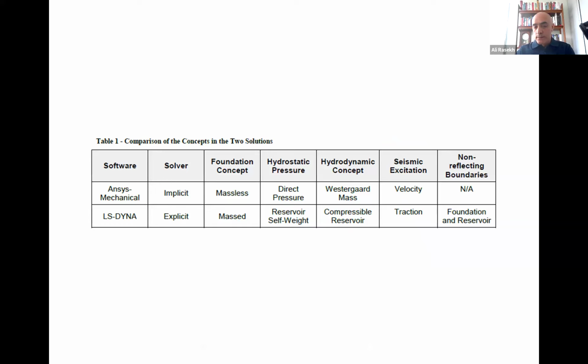Okay, I have carefully looked at the possible questions, which are welcome. But I also show a comparison between two techniques. One was more traditionally used in earthquake engineering, which we call massless foundation, and the other is becoming more and more popular with better software and computational capacity, which we call mass foundation.